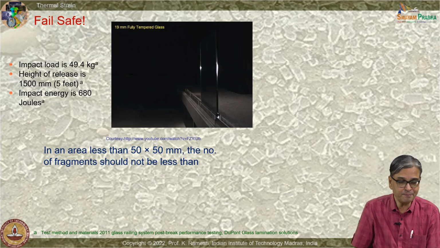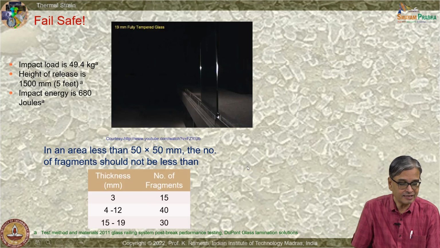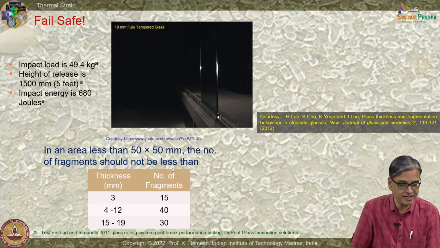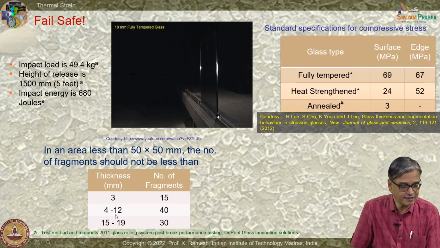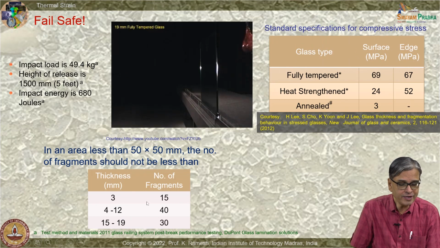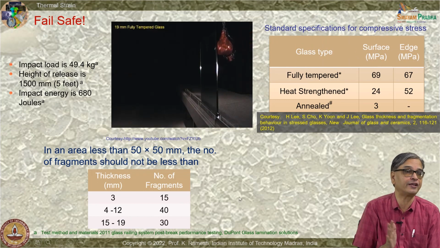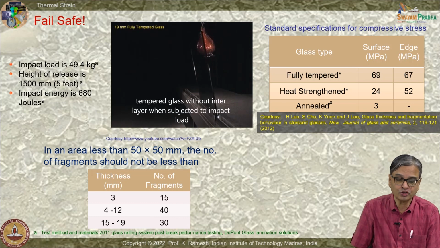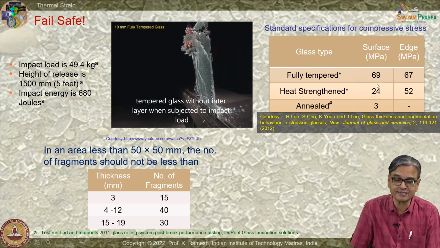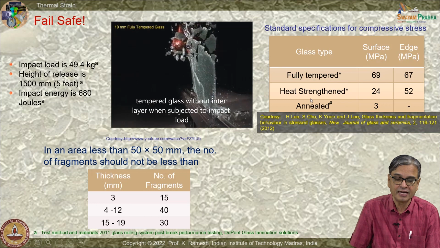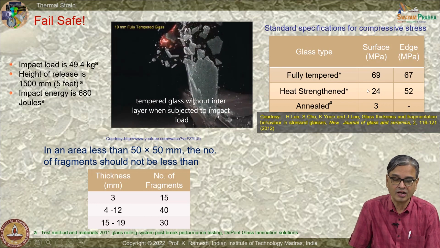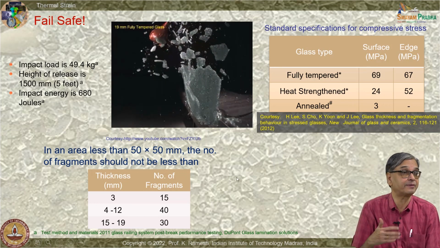When you temper the glass like this, there are also standards that say, for different thicknesses of glass, how many fragments it should break into, and what should be the level of stresses developed. If it is fully tempered or heat strengthened, what should be the level of stresses developed.